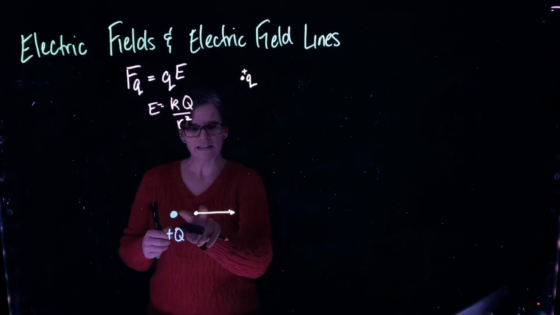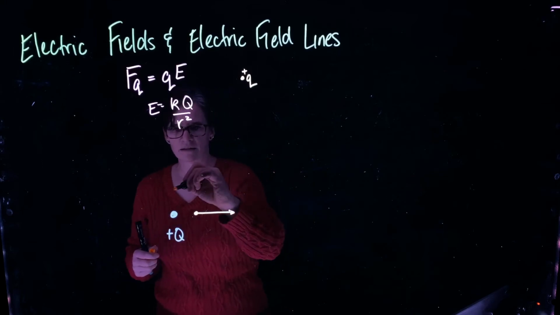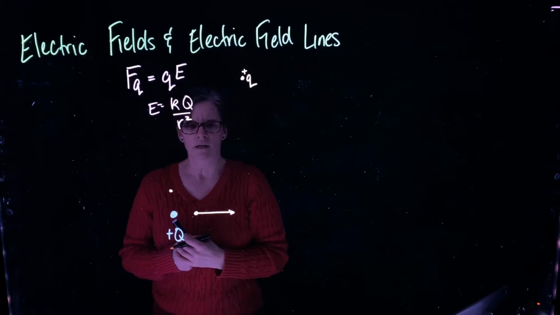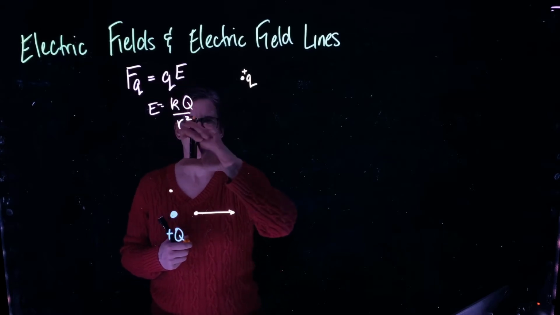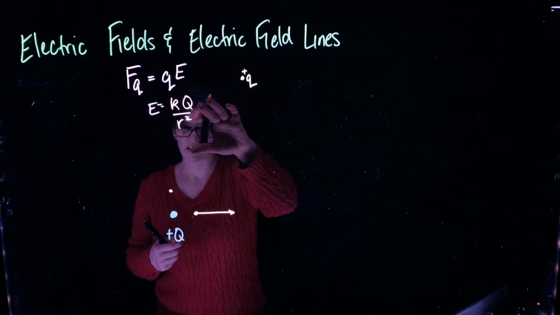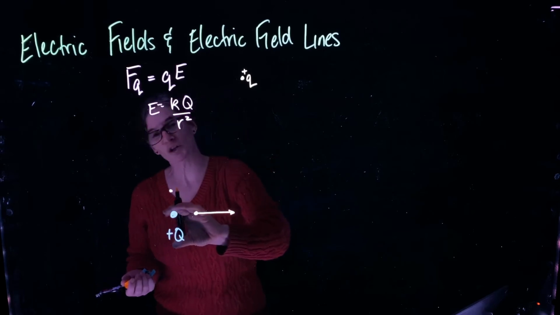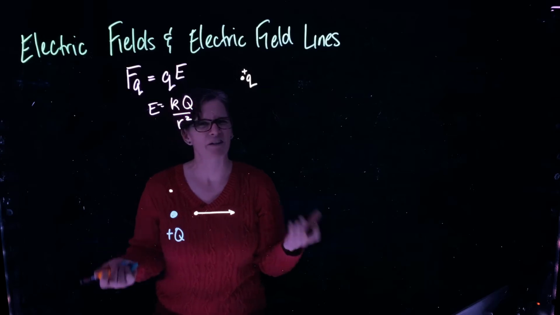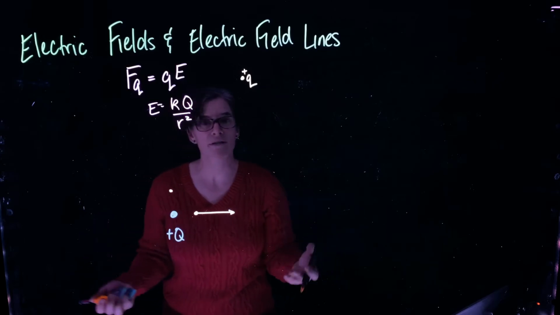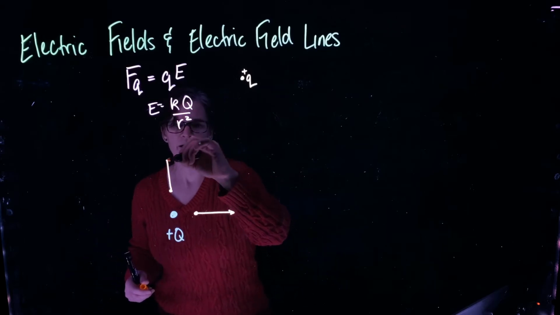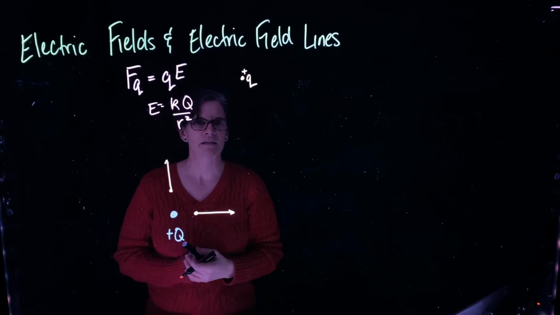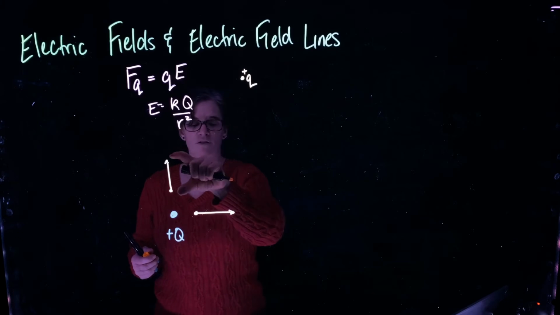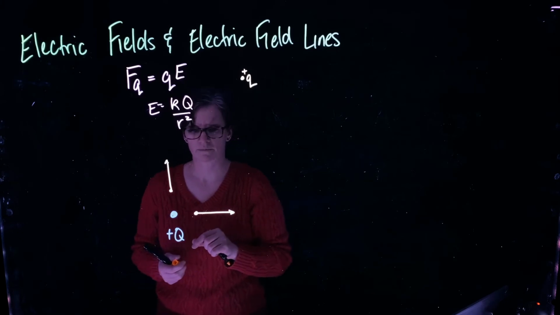Now, what if I take this exact same distance and I put my little test charge straight up? Well, the test charge is the same, and the charge Q is the same, and it's the same distance, so the electric field has to be the same, so the force on that particle must be the same. And at that same distance, I get a repulsive force, positive, positive, of the same strength as the other one.